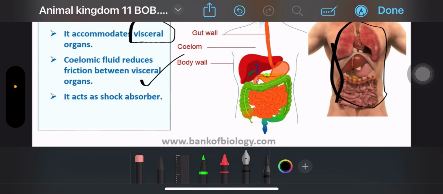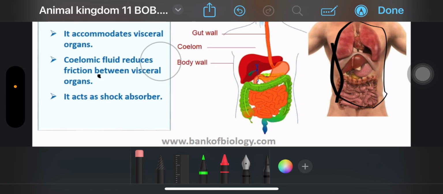That reduces the friction between the organs. It acts as a shock absorber, right? This is very important. There is no friction while walking, jumping or running. There is no friction between all these organs because there is fluid, right?